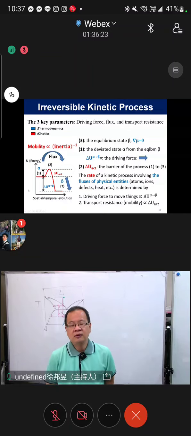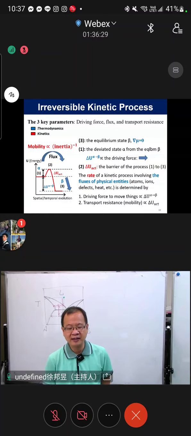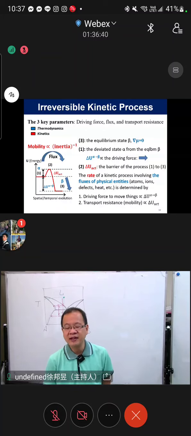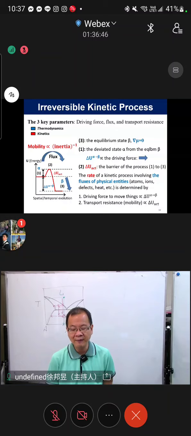You look at the energies of the alpha phase and the beta phase. I told you phases are defined by the thermal equilibrium, so it's defined by kinetic. So number one, the alpha phase, tries to go to the lower energy, number three, the beta phase, right?